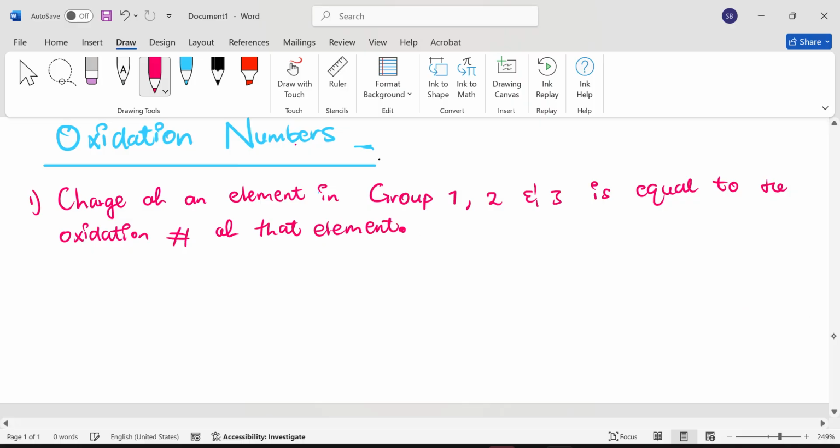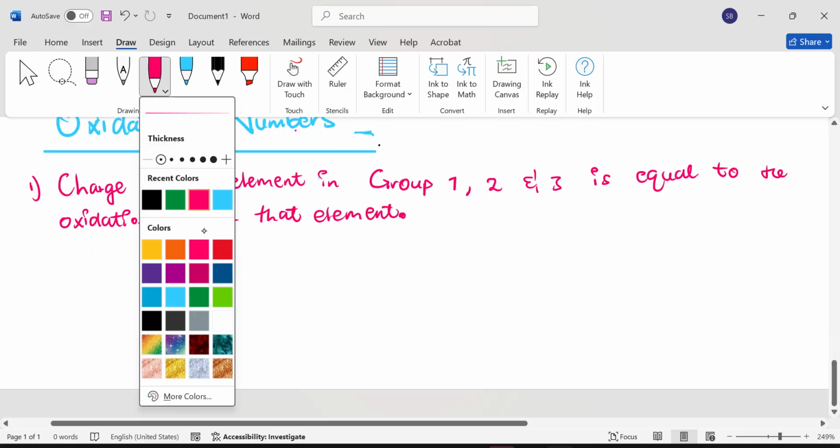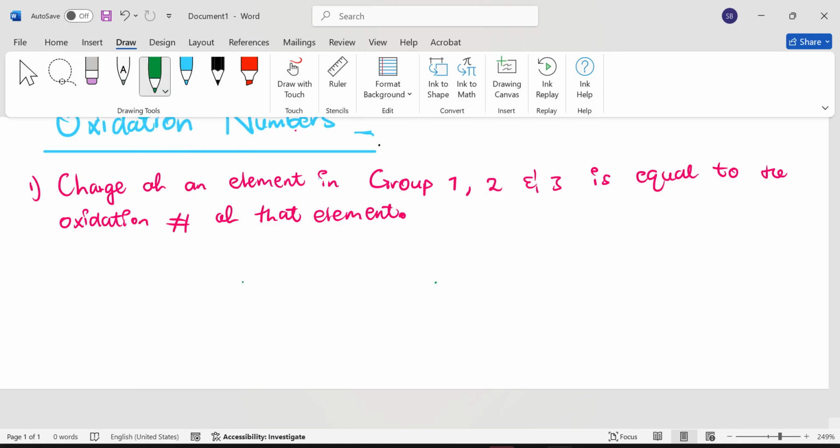So what does this basically mean? This basically means that if you have a certain element in group 1, 2, or 3, just these three, very, very important. It's just these three groups. Because when we talk about group 5, 6, 7, obviously not 8, those actually change depending on what it reacts with, what it's bonded to, and all of that, including hydrogen as well.